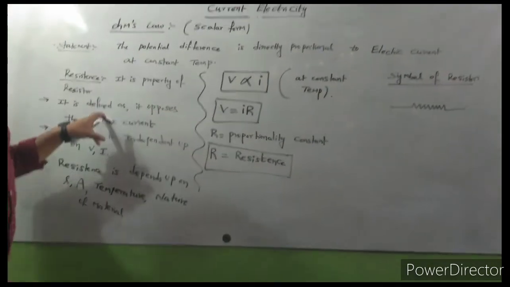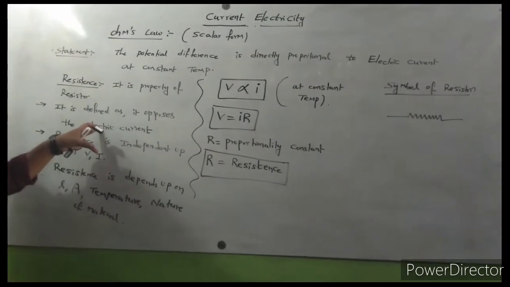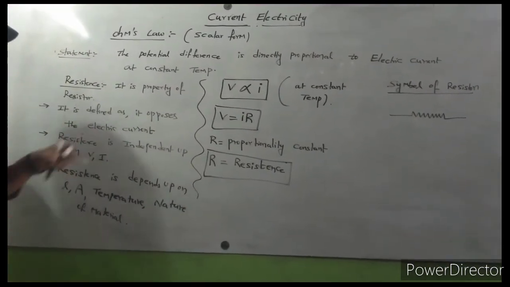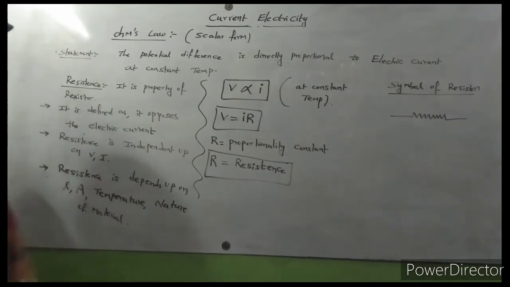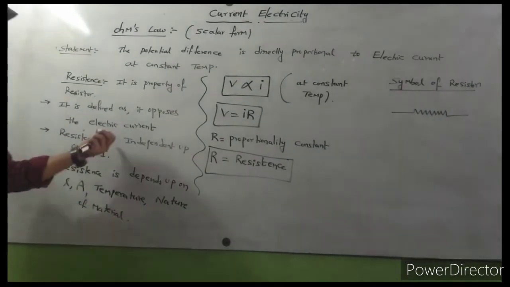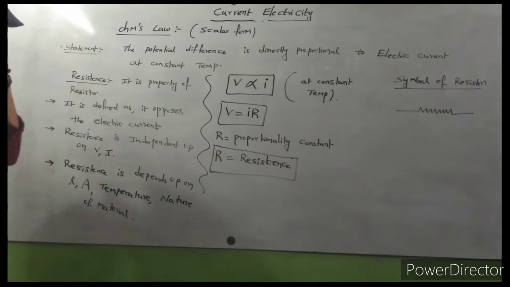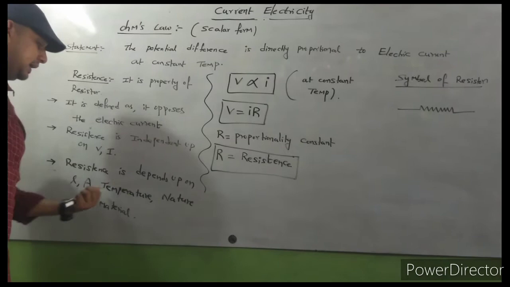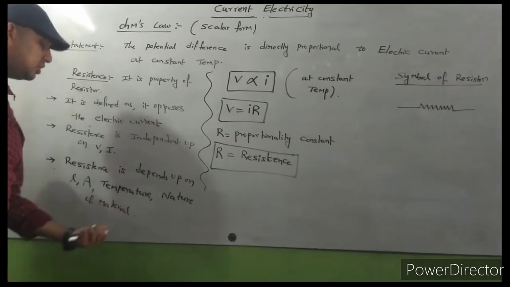The definition of resistance is that it opposes the electric current. Resistance is independent of V and I. Resistance depends upon length, area, temperature and nature of material.